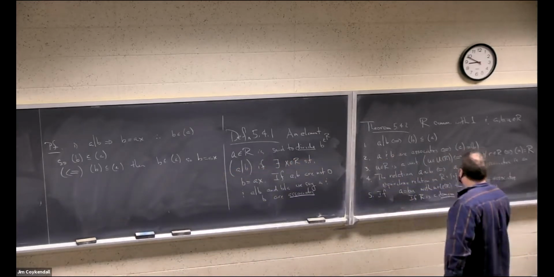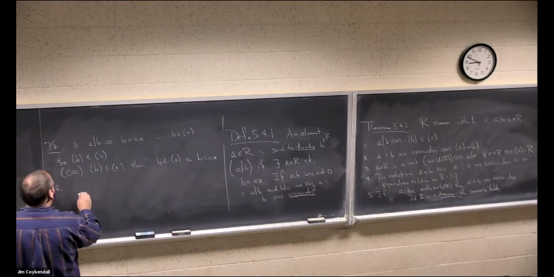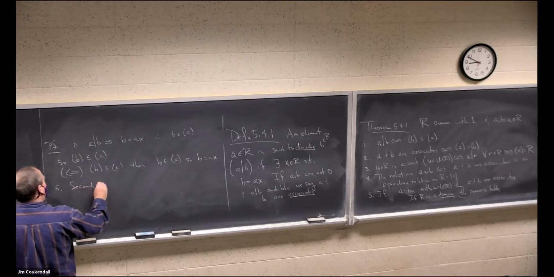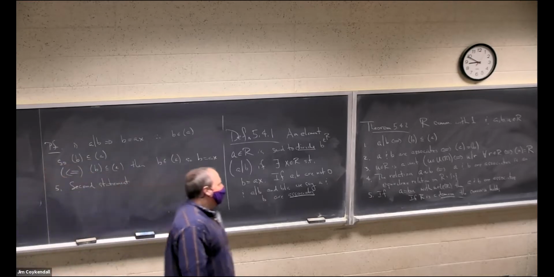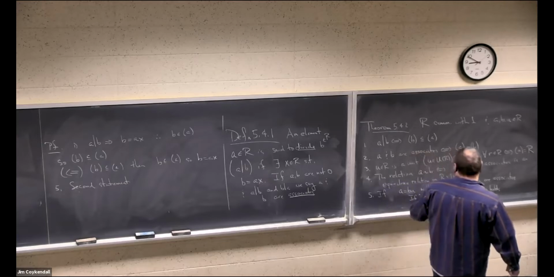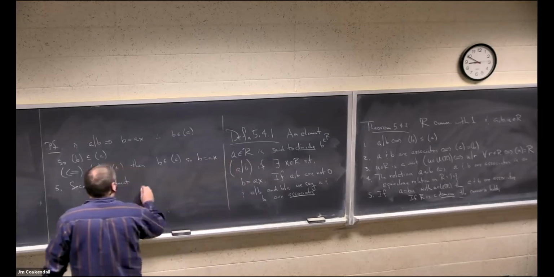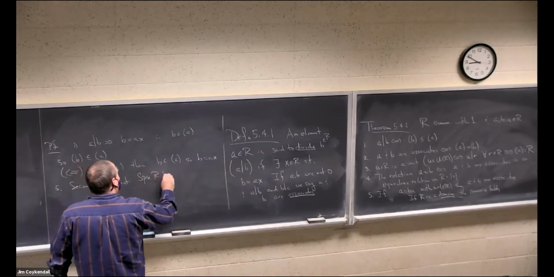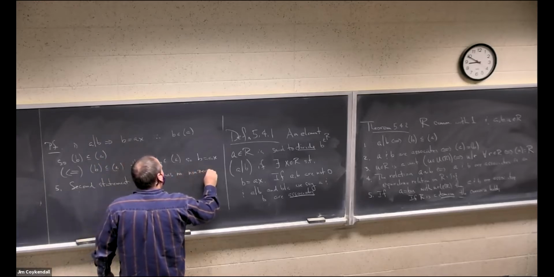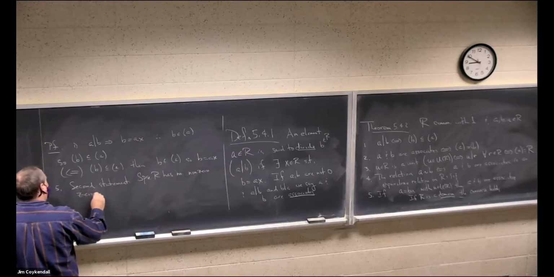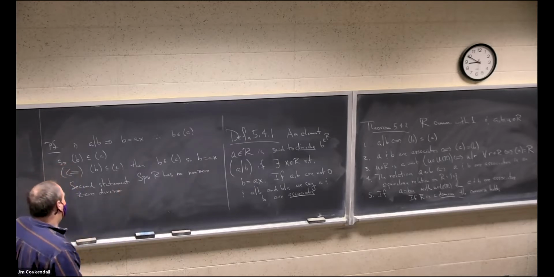Let me do the second statement of 5. If R is a domain, then A and B are associates if and only if A equals BU for a unit U. So suppose R has no non-zero zero divisors. I already know that R has an identity because we assume that about the ring.